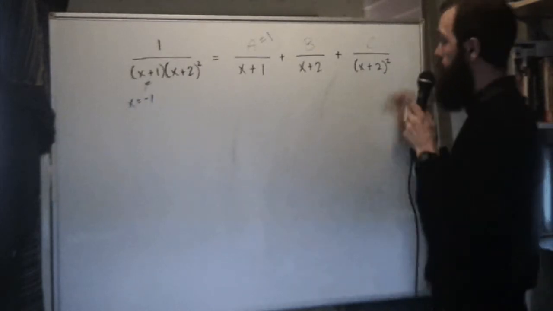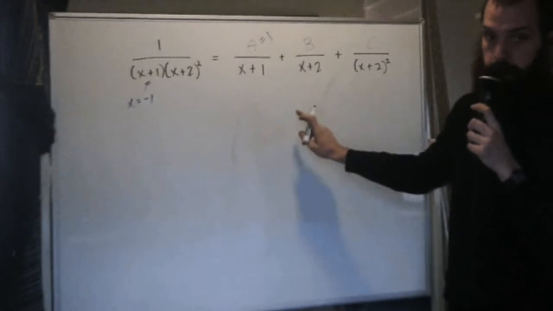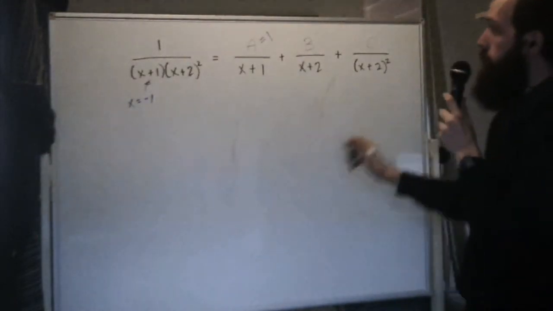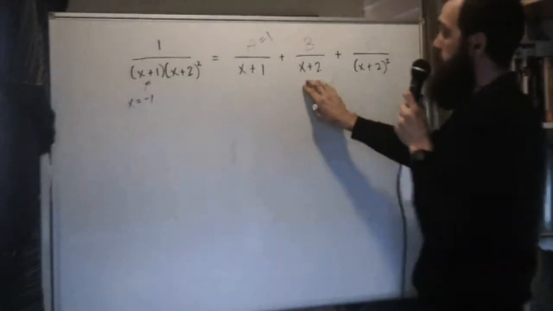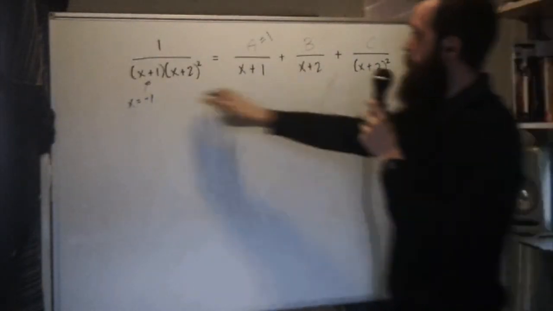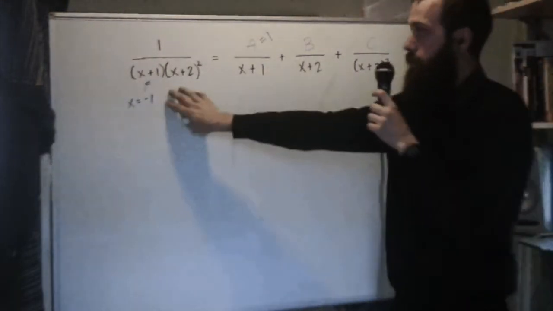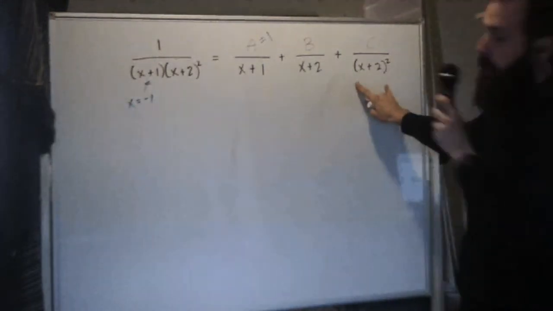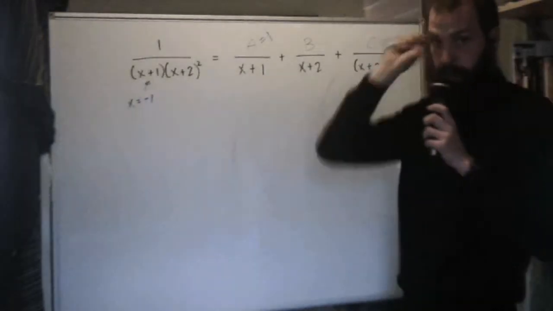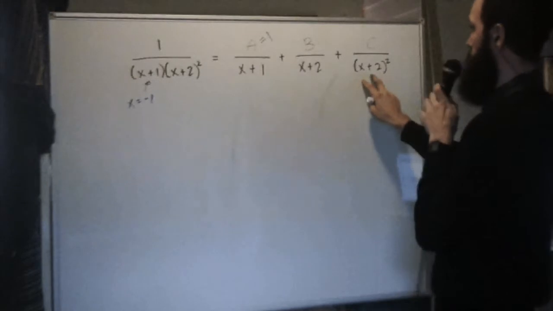Now let's do the same for C. We can't do it for B, because in order for this cover-up method to work, your denominator in your partial fraction has to be exactly represented in the original. Here we don't have x plus 2 in the original, but we do have x plus 2 squared, hence why we can do it with C and not B. So with C, how can we make this denominator 0?